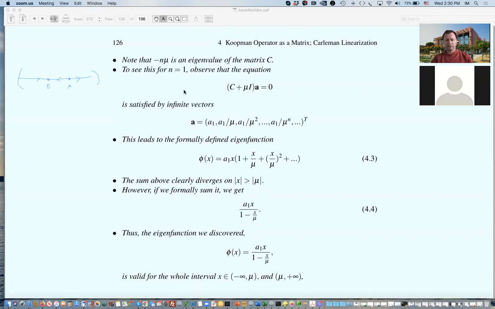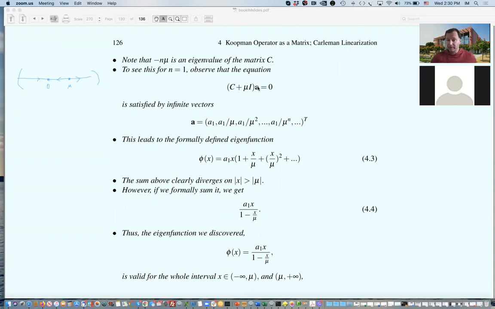So, take n is equal to 1. So I would just like to show that minus mu is an eigenvalue. And here is an eigenvalue eigenvector equation. So if our matrix is C, then we have C minus lambda I, but lambda is minus mu, times A, which is a vector of coefficients.